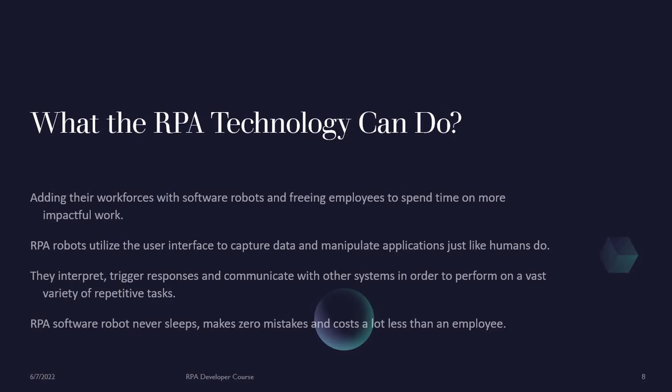Okay, some more points why RPA technology is used. As I said, if there are 10 employees, and you are taking one robot license and trying to replace 3 employees, those 3 employees are not actually removed from the job.